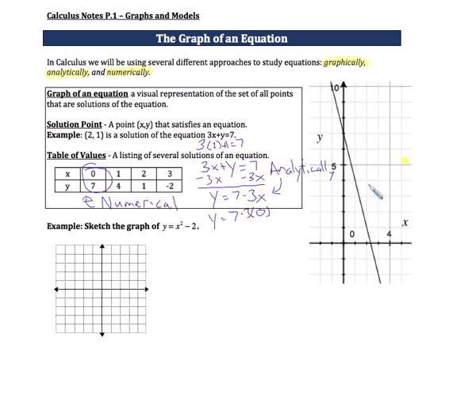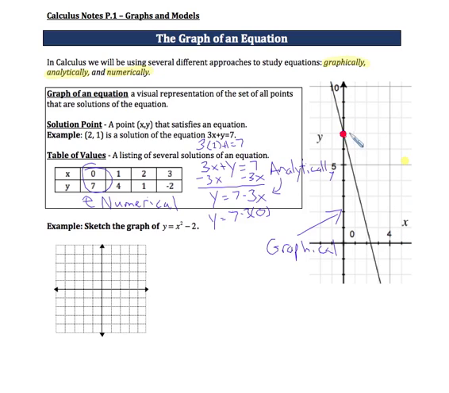Now over here we have our graphical approach. To get the graph, one way is to take the numerical set of points here, plot them, and then draw the line through them. Your graph might look a little bit different; I changed the x and y scale on mine.